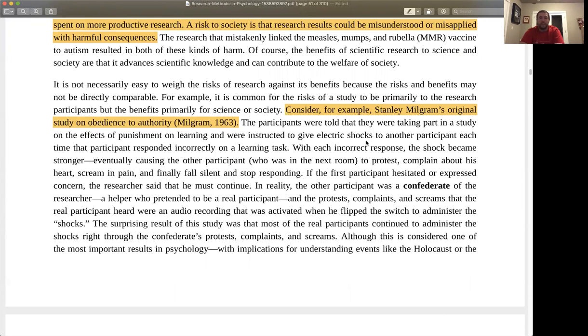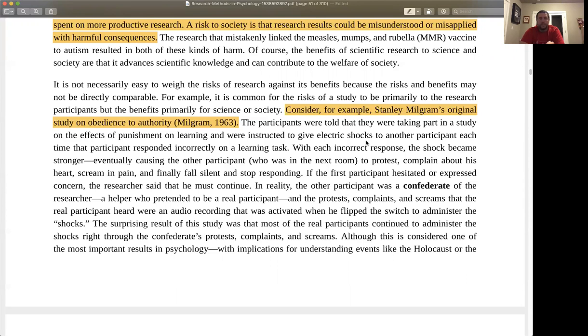And so he set up a situation where participants would sign up to do this research. They were paid, I forget if it was $10 or $15. No, sorry, I think it was $4 in this one. 1963, $4, a pretty decent amount.